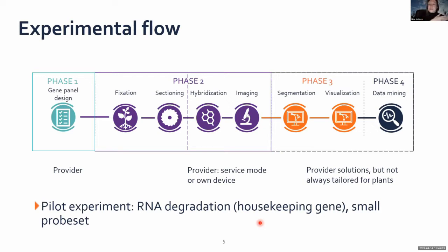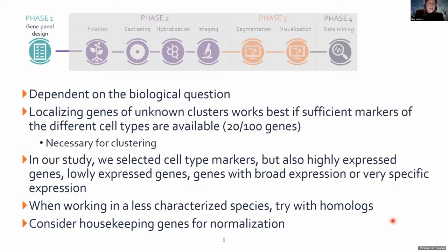But your tissue section goes through the entire pipeline, and you get a readout of the RNA quality by using the housekeeping gene. Other providers would prefer, if they work for the first time with a new tissue or a new species, to do a validation pilot with a small probe set. So this again depends on the provider that you choose.